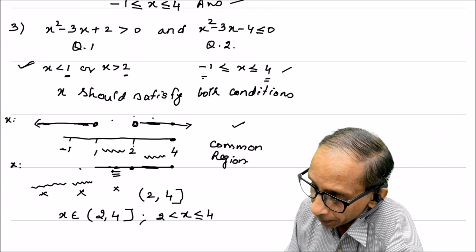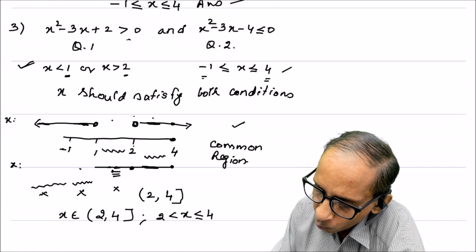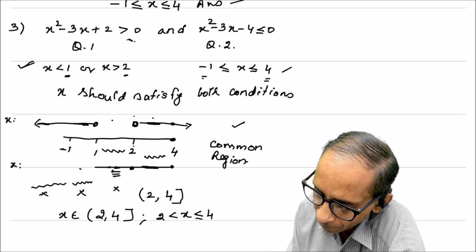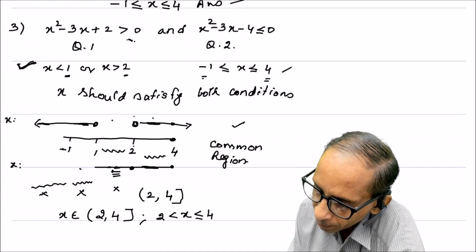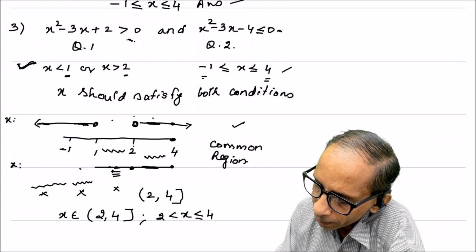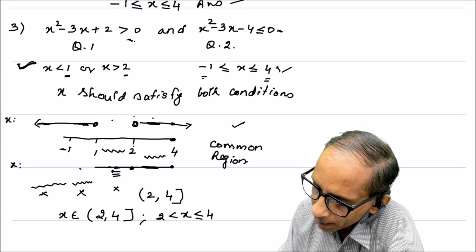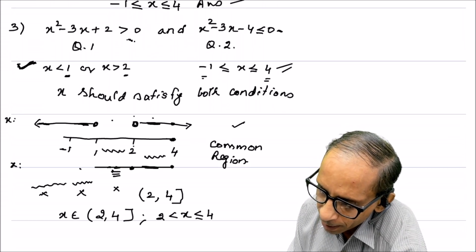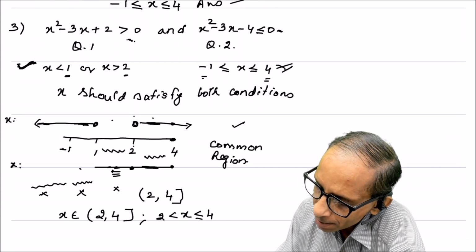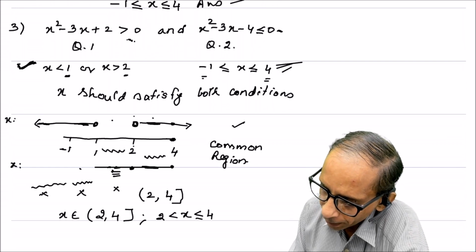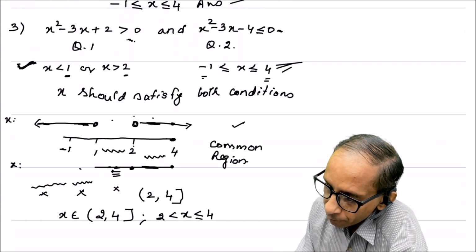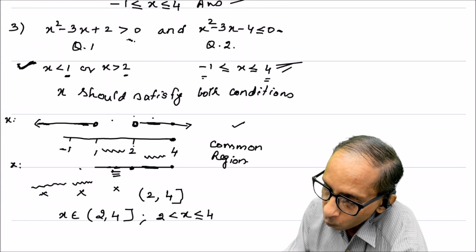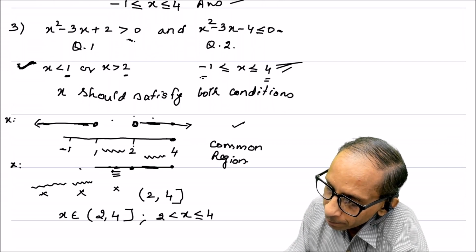We explain again. The first inequality had this as the solution. The second inequality had this as its solution. We want x to satisfy this as well as this. So we take the help of the number line and plot the points 1 and 2 and -1 and 4.